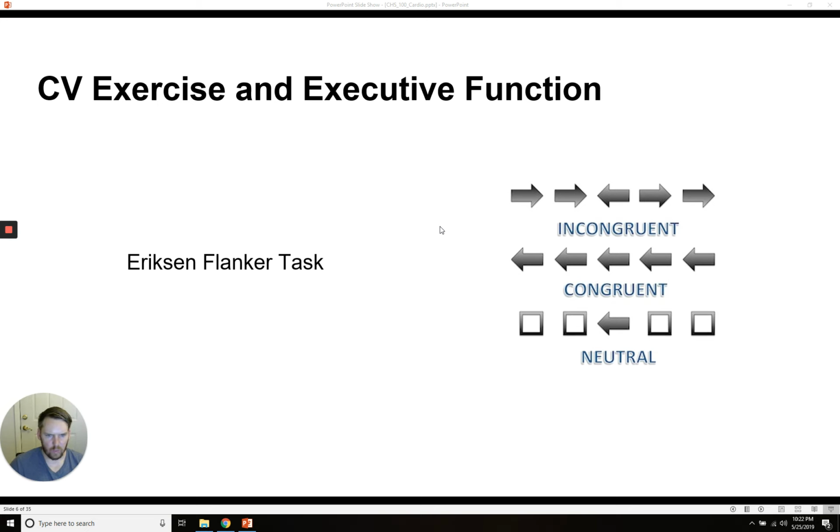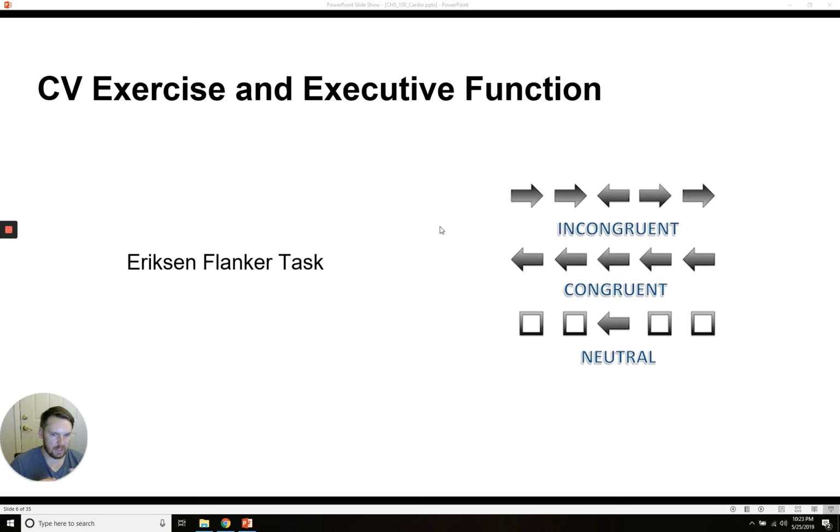One of the ways that we can test this in the lab is through something called an Eriksen flanker task. And the flanker task means that, let's say we take this image on the right, and I tell you to only look at the middle arrow. Now that middle arrow or that image is surrounded by two other images on each side, and these are designed to either be congruent, incongruent, or neutral.